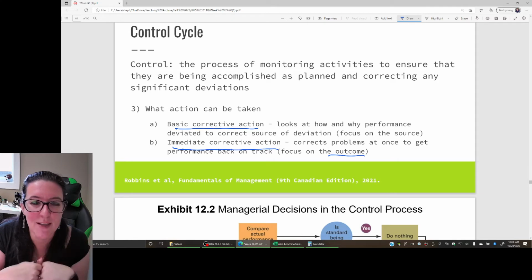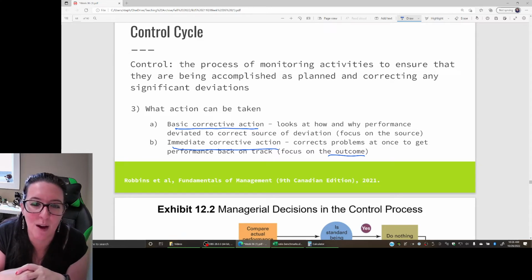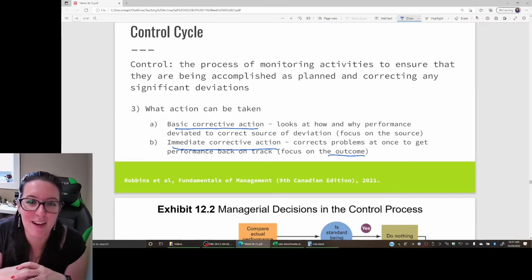Well, basic corrective action would be to go back and figure out what that cause is that created the unhappy customers and fix it for the future customers. But immediate corrective action is remedying the outcome for those unhappy customers. So they gave us a low rating. What can we do now to fix it? So can we recall or take back the item that we sold them and tweak it, fix it so that the customer is satisfied?